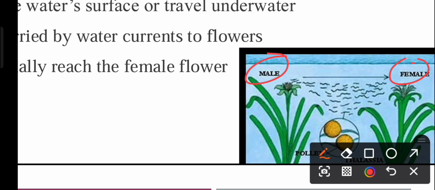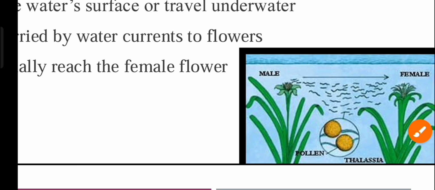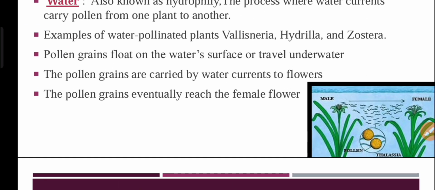From the male plant these are pollen grains, and through water current, pollen grains are carried from male to female. This is what we can see in Vallisneria.